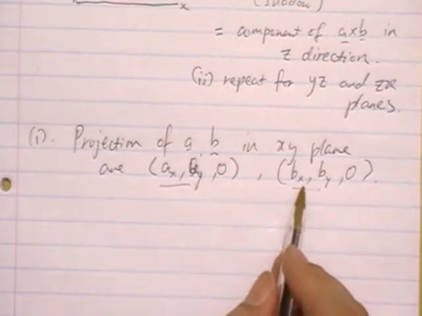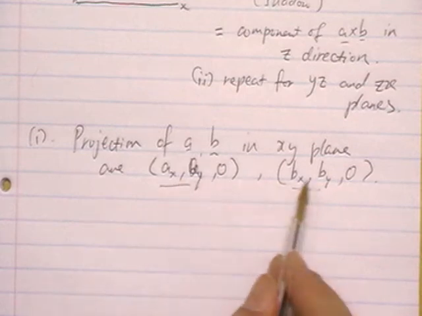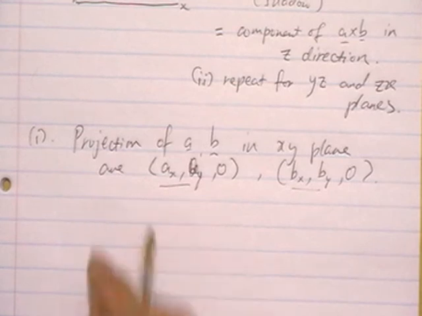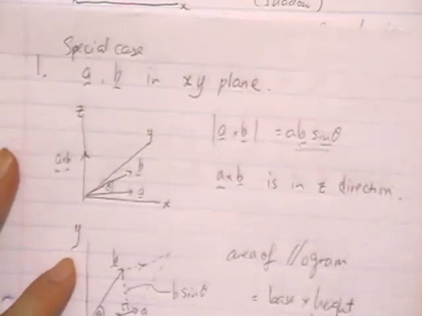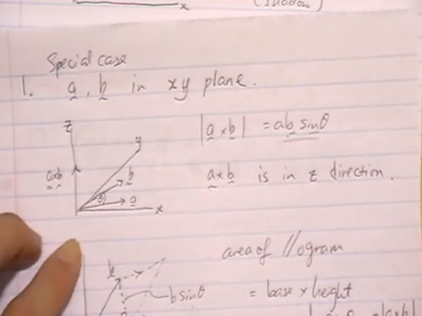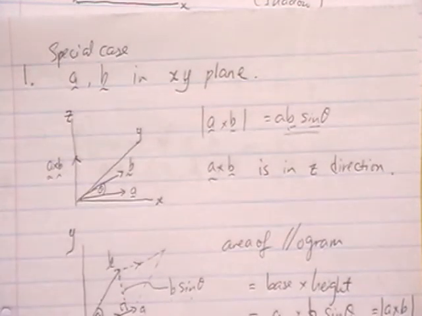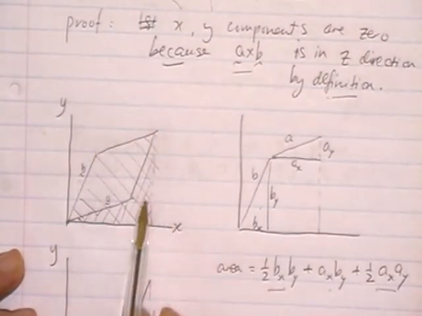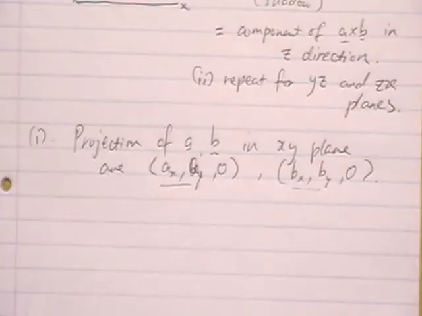But we already know what the area of the parallelogram formed by those two vectors is. It is simply from the first part of the proof just now. When those two are just the projection onto the xy plane, we have already proven that it is the area of the parallelogram, which is given by this expression.